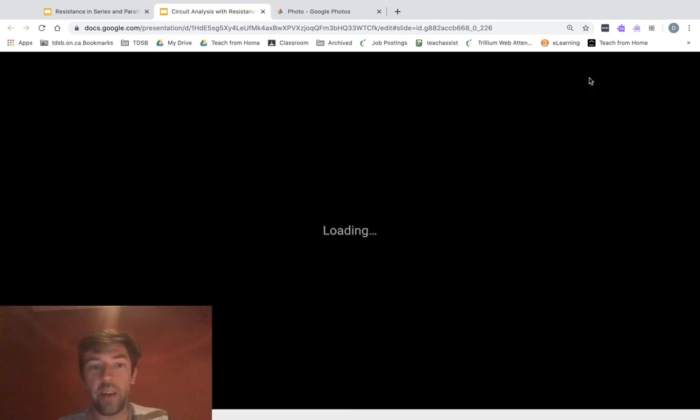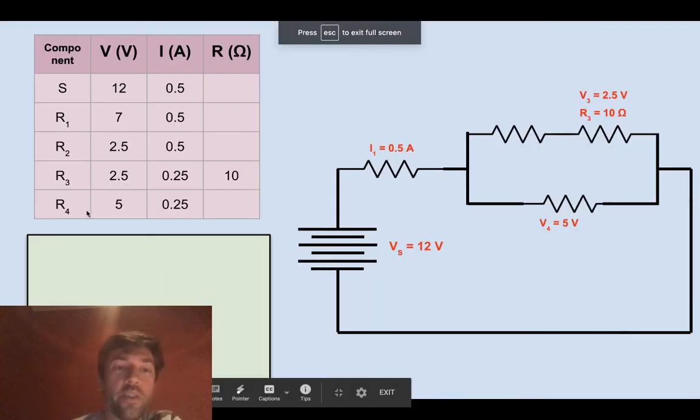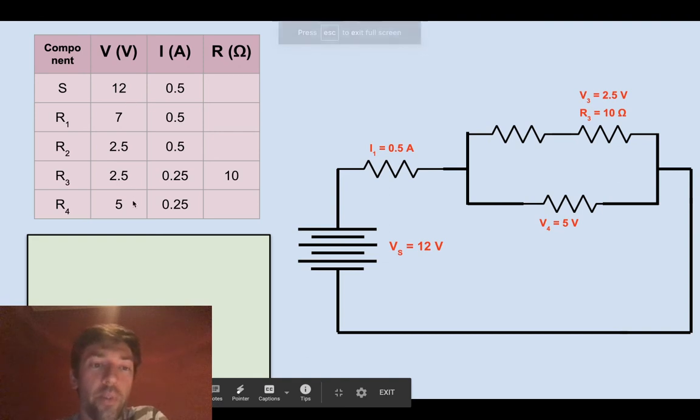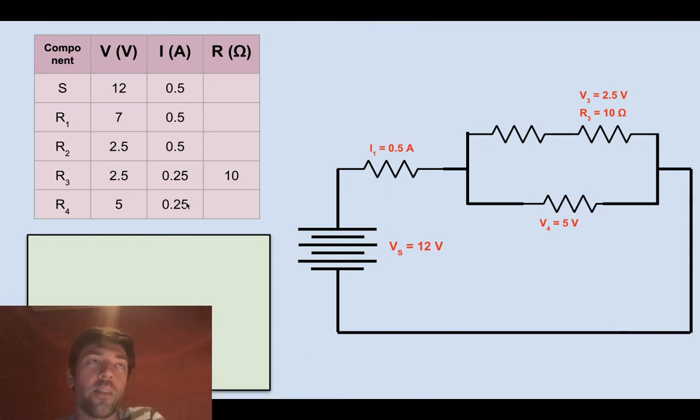And so then finally, if we just take a look at the chart here, we know all the voltages and all the currents. So for resistance, you can just use Ohm's law a bunch of times. And as a matter of fact, in this whole question, we didn't have to use resistance laws at all.